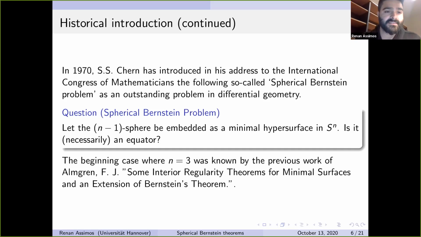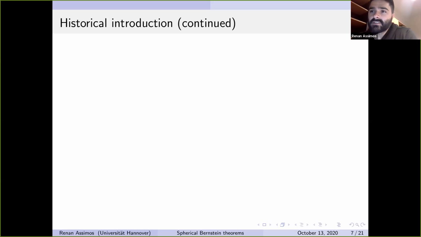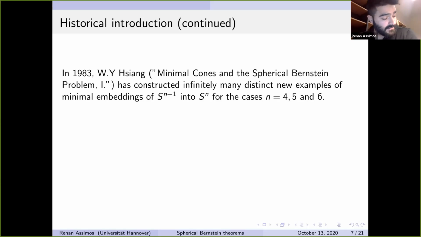Just a remark that the beginning case, when n was equal to 3, was already known by Almgren. And here I put the reference. Okay, so this problem is somehow more difficult, or more subtle, than the classical Bernstein theorem, because Hsiang has constructed infinitely many distinct new examples of minimal embeddings of S^(n-1) into S^n when n equals 4, 5, 6.